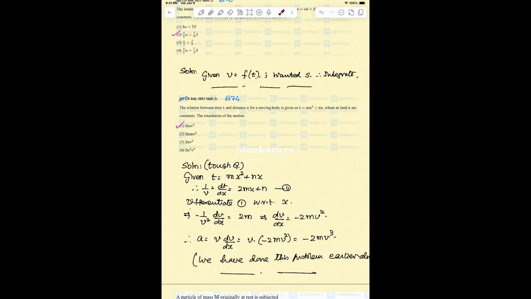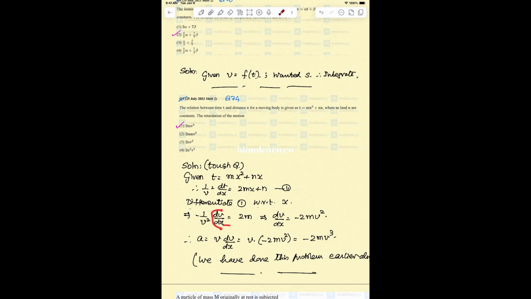Then differentiate once more, because we want dv by dx for acceleration. Therefore we have to do dv by dx of this particular expression, which gives minus 1 by v squared dv by dx, and the right hand side becomes 2m.